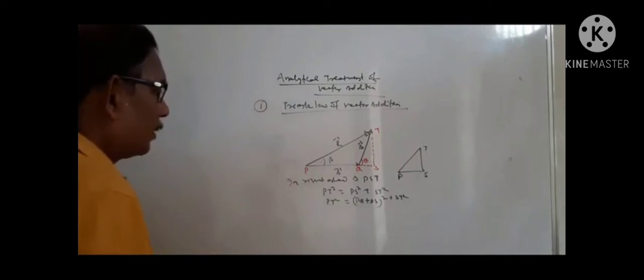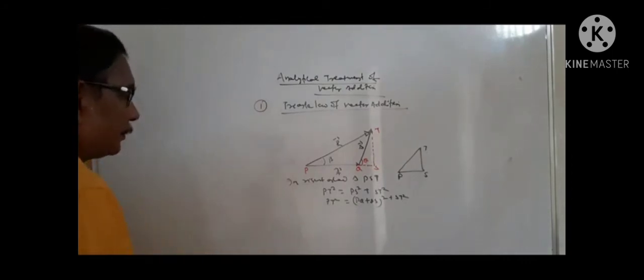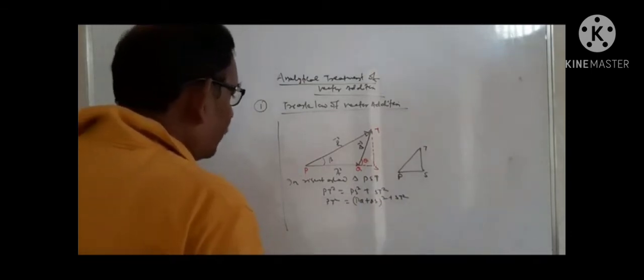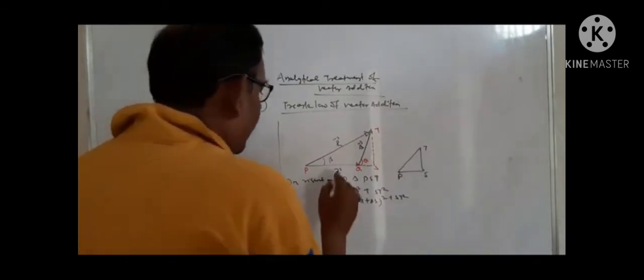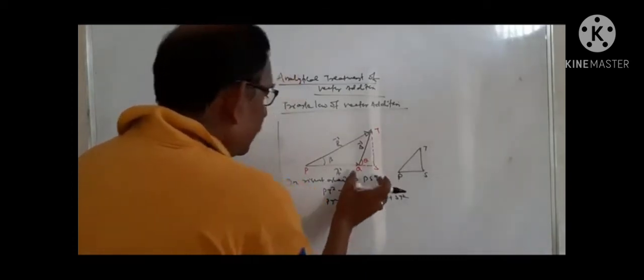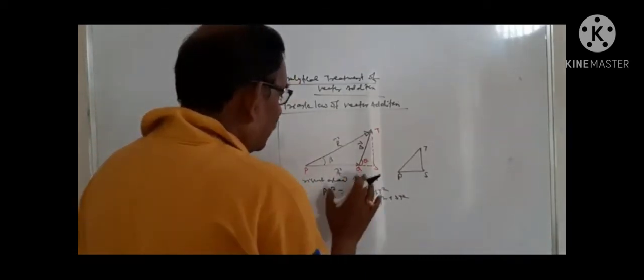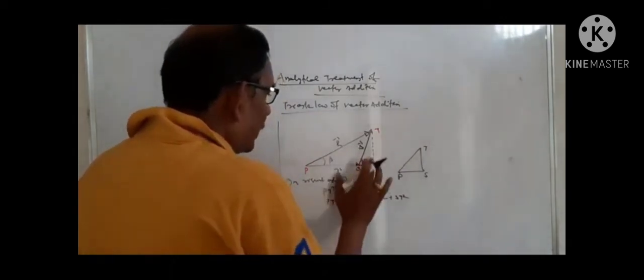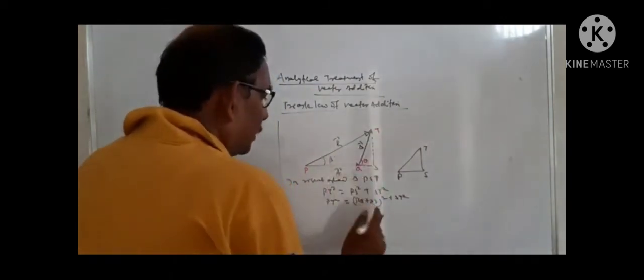Now you have to find this value by using vectors A, B and R. So QS, how to find QS here? By using this value B. What is the relation between QS and QT?